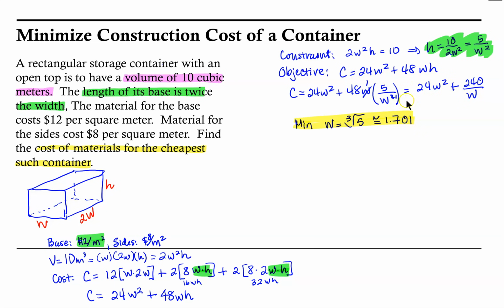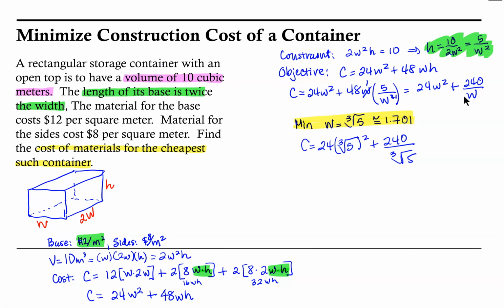We could go ahead and just evaluate our cost function with this value of w. So we could say that cost is equal to 24 times the cube root of 5 squared plus 240 over the cube root of 5.